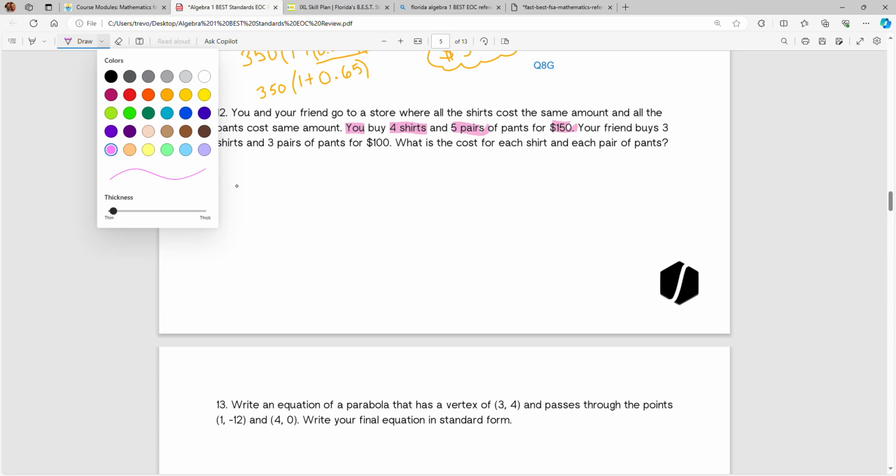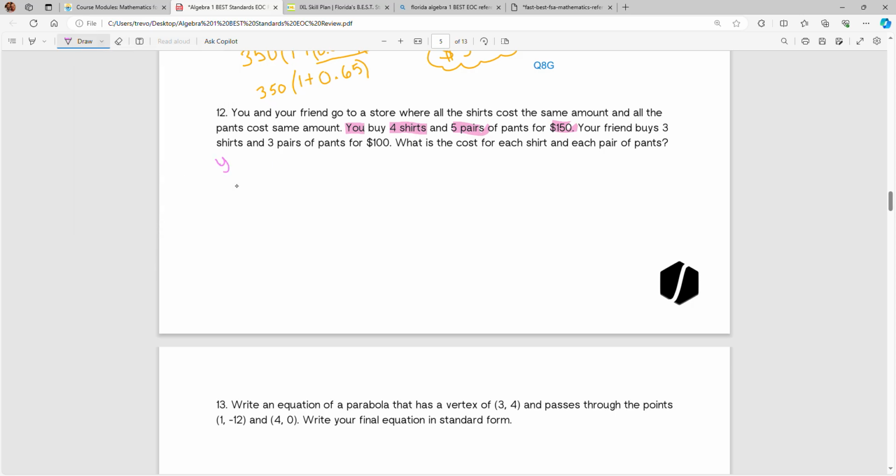So that's me, you. That sentence: 4 shirts plus you bought 5 pants, and your total is $150, right? Is the equal sign. So 4S plus 5P equals $150.